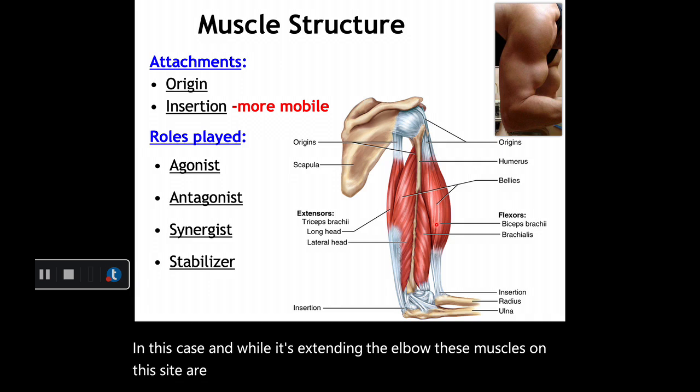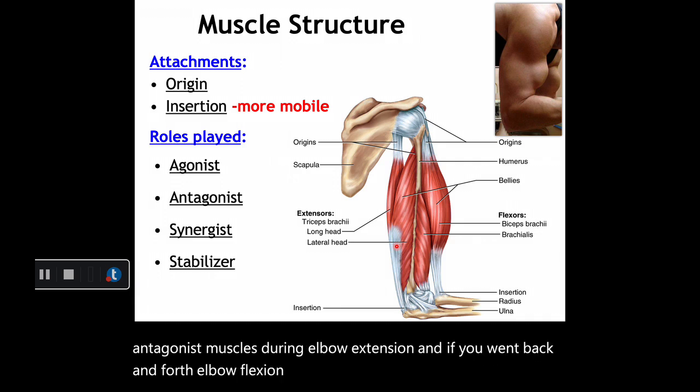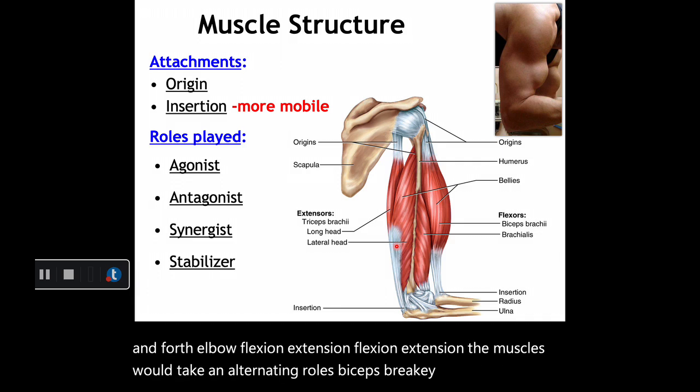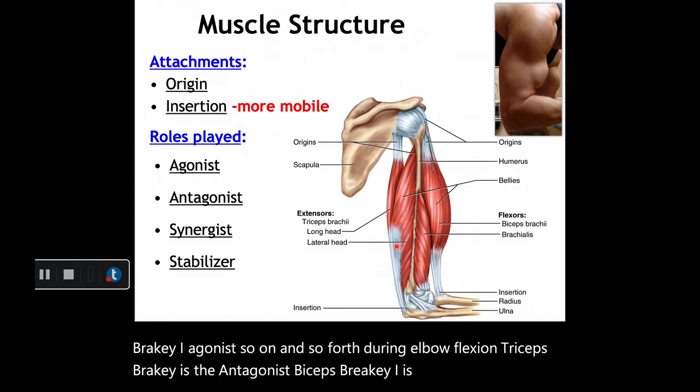So these would be considered antagonist muscles during elbow extension. And if you went back and forth, elbow flexion, extension, the muscles would take on alternating roles. Biceps brachii agonist, triceps brachii agonist, so on and so forth. During elbow flexion, triceps brachii is the antagonist. Biceps brachii is the antagonist during elbow extension.